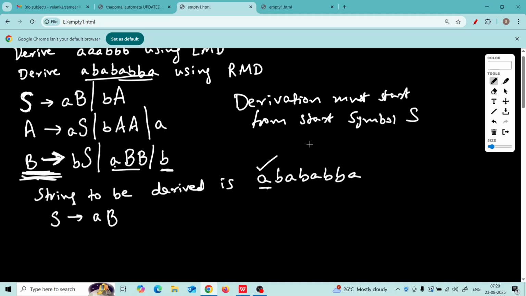Now somehow this B, non-terminal, should give us the remaining string. Correct? Okay. And we are using rightmost derivation. So take from the right hand side the first non-terminal, and here we have only one non-terminal. But if there were many non-terminals, always take that non-terminal which comes first from the right hand side. Okay.